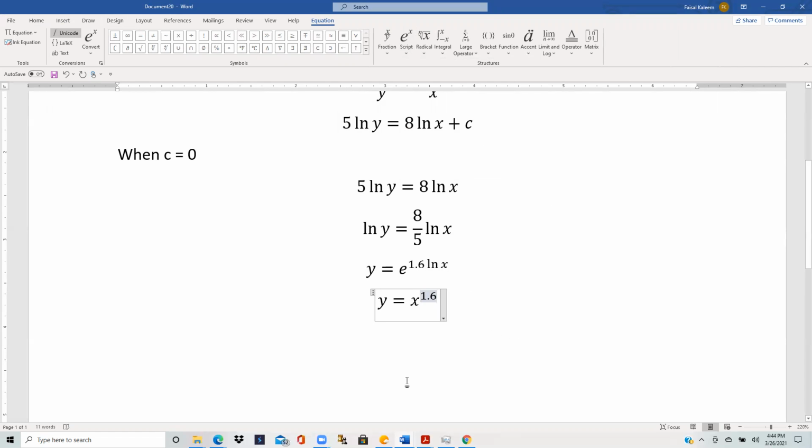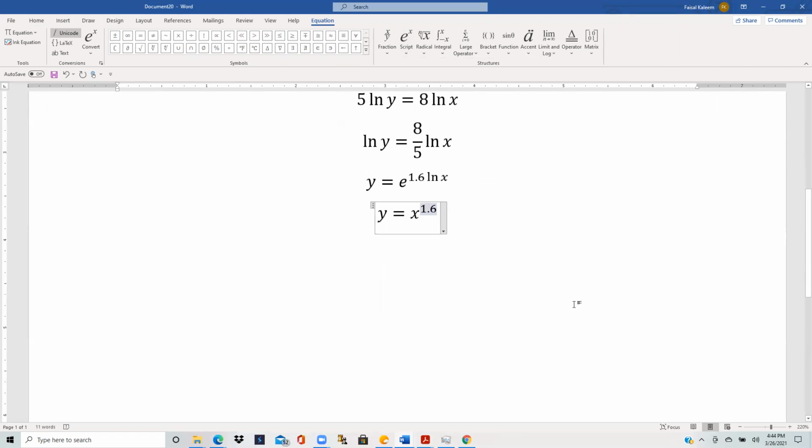Okay, so now x power 1.6 is somewhat similar to x squared. So anytime the power is bigger than 1, it's similar to y is equal to x squared.